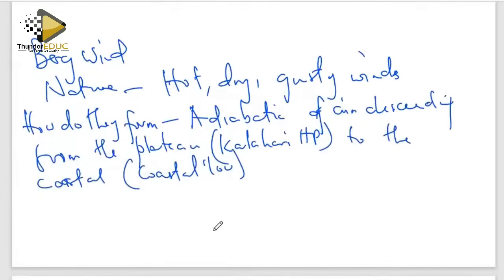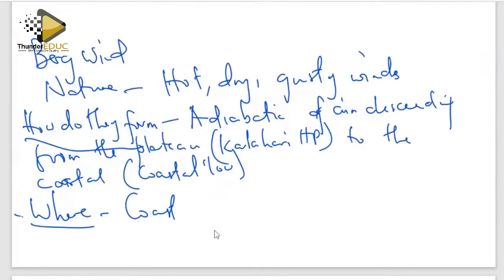And also what we need to analyze here is where are they experienced. This is a regional wind. It's a specific wind which affects a specific region. So they affect coastal places of South Africa. Because it's not a planetary wind which is common across the globe.